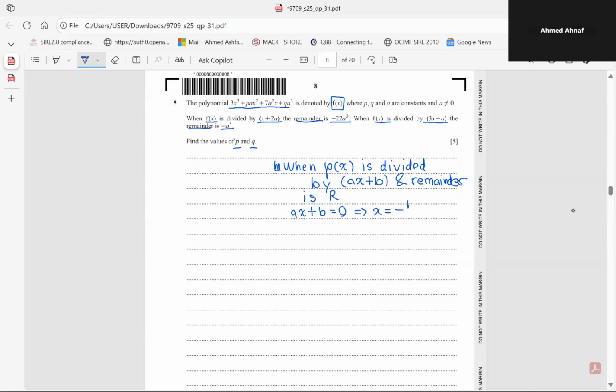So in this case, it's x equals negative b over a. When you substitute that into p(x), you will get the remainder. So this is the remainder theorem, and we're going to use this to solve this question.